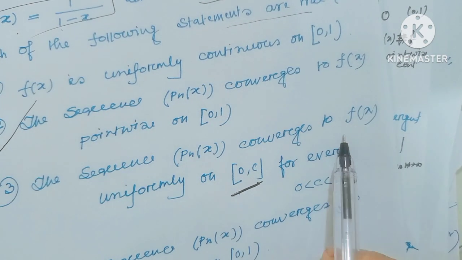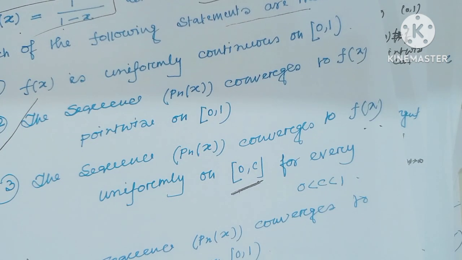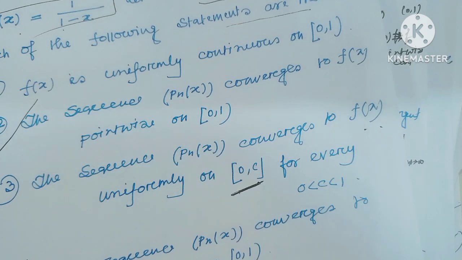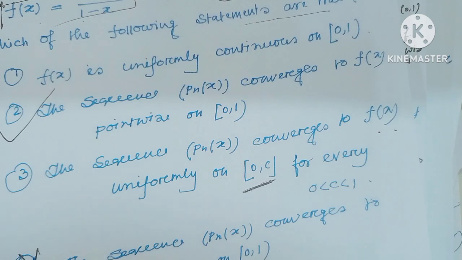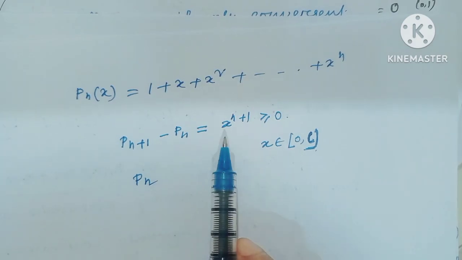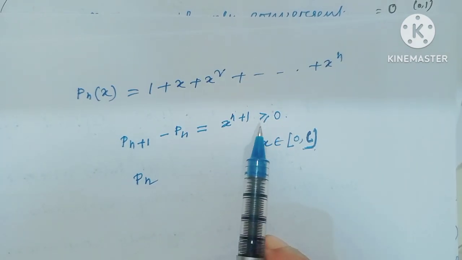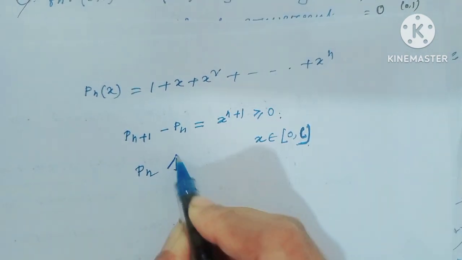Here the sequence Pn(x) converges to f(x) uniformly on the closed interval [0,c], any closed interval. This is uniform convergence, because we can apply Dini's theorem on the closed interval. Pn+1 − Pn = xⁿ⁺¹, which is greater than or equal to 0. That means Pn is a monotone increasing sequence.